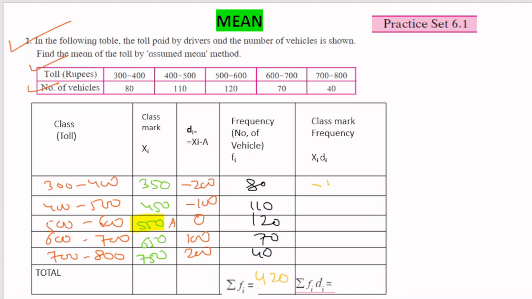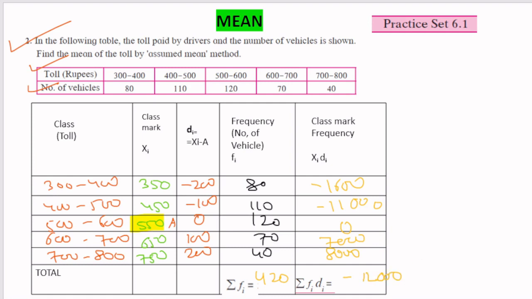So it will be 16,000, easy calculation, minus 11,000, 0, 7,000, and here it will be 8,000. Also the sum will be small because we have negative and positive values also, right? So if you do this calculation here, it is coming as minus 12,000.